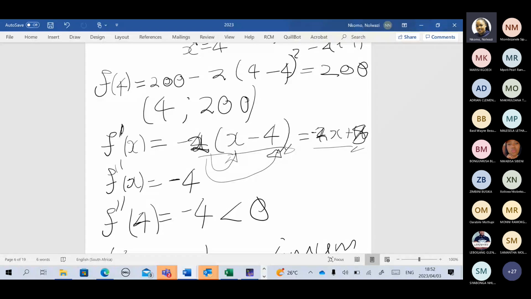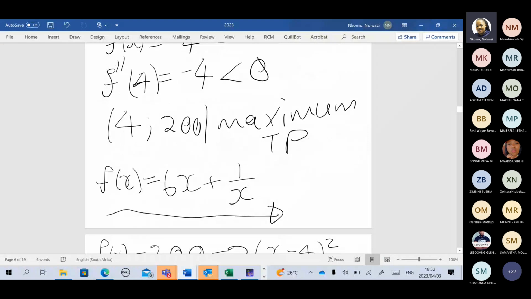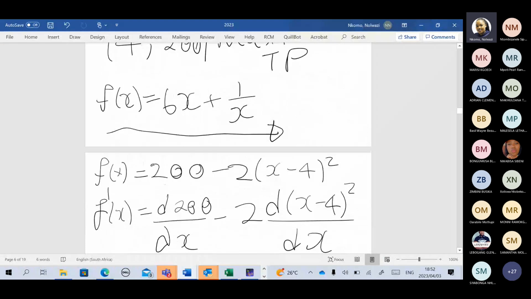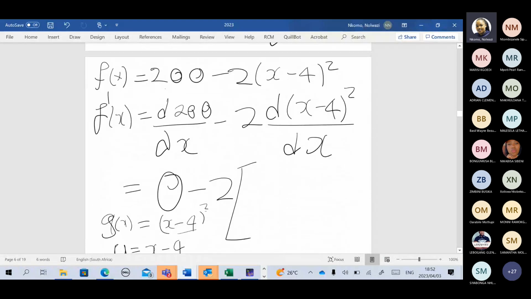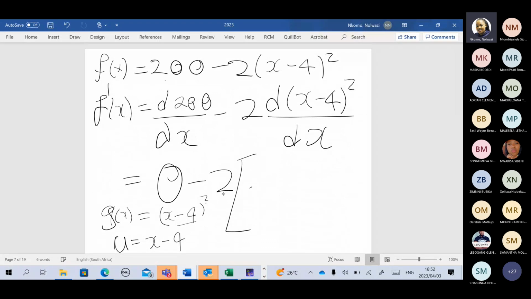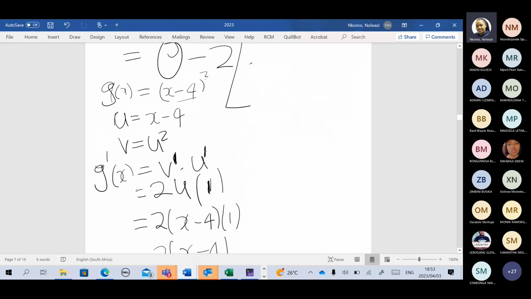If we have 2x plus 8 and we equate to 0, okay, we have minus 2. Oh, we still have to substitute back here. So we have this minus 2 times 2 into x minus 4.